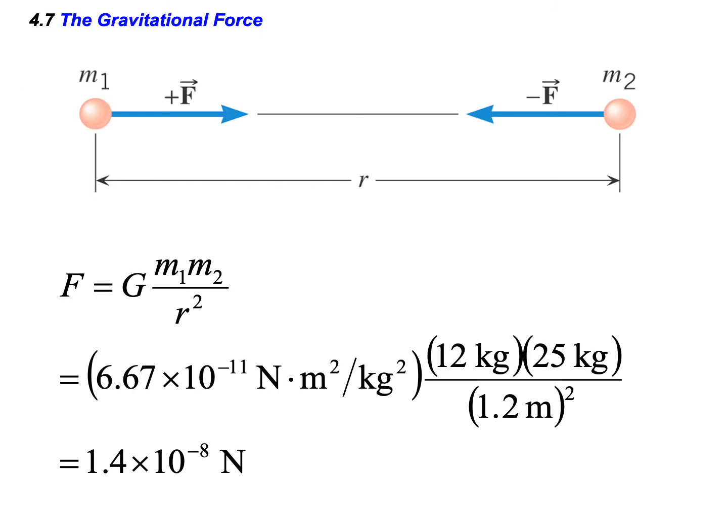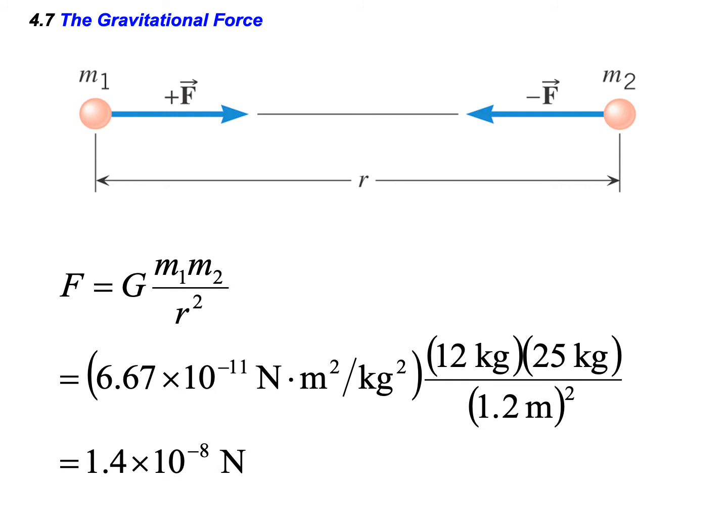Here's another example given in your textbook. G is 6.67 times 10 to negative 11 Newton meter square divided by kilogram square. We know the unit of mass is kilograms. M1 is 12 kilograms and M2 is 25 kilograms, and the distance R is 1.2 meters.